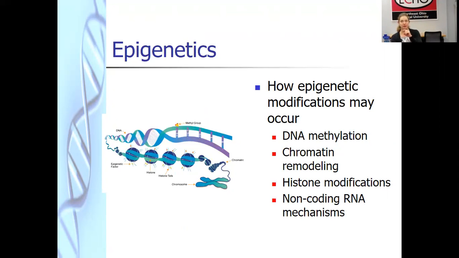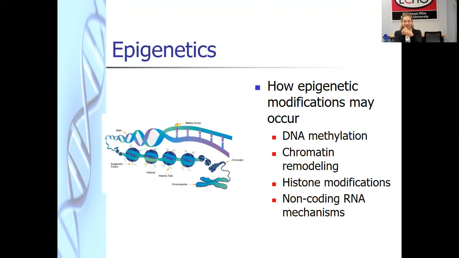The other 3 are not as well defined, but I do think it's important because there are multiple ways that this could occur. So chromatin remodeling. Chromatin is actually the way that our DNA is packaged within the cells themselves. So you have DNA that's packaged with proteins, called histones.